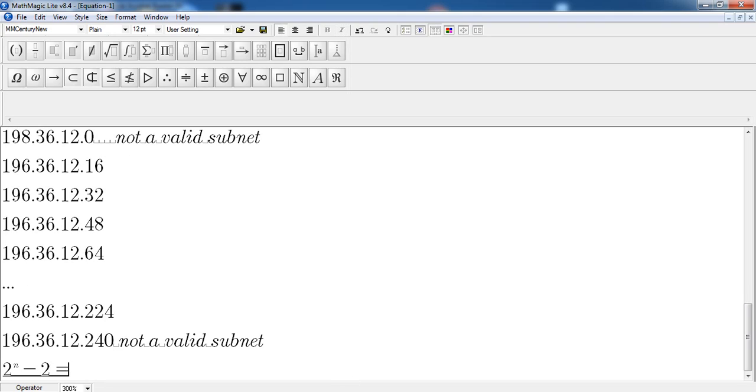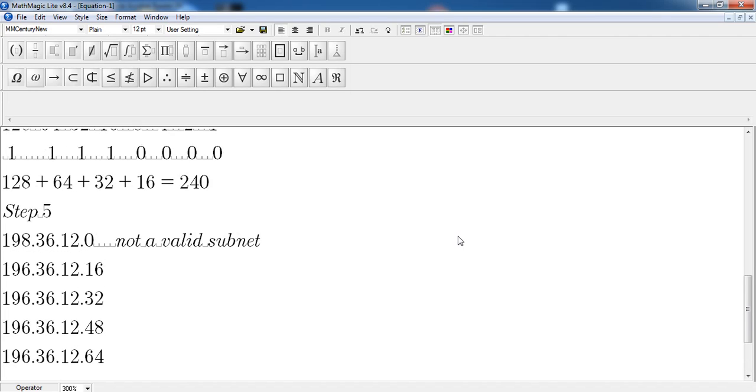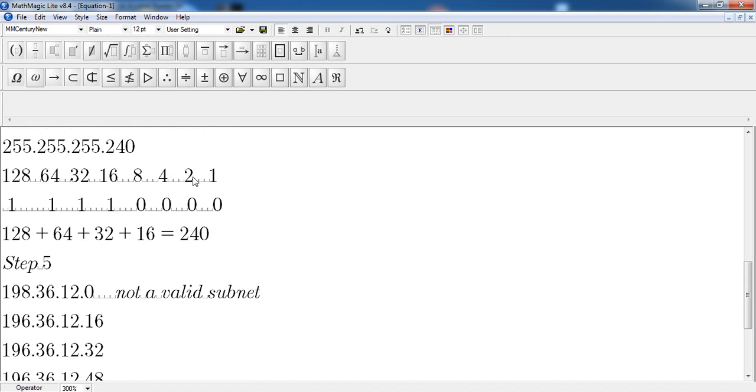So that would mean, because we borrowed 4 bits for the subnets, we have 2 raised to 4, minus 2. So that would be 2, 4, 8, and 16.